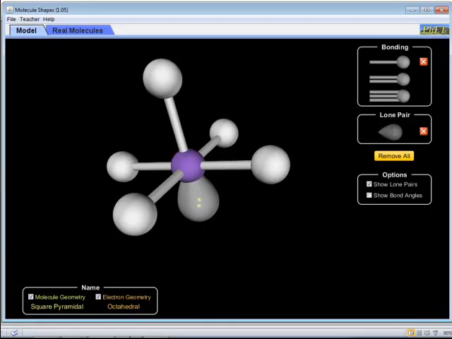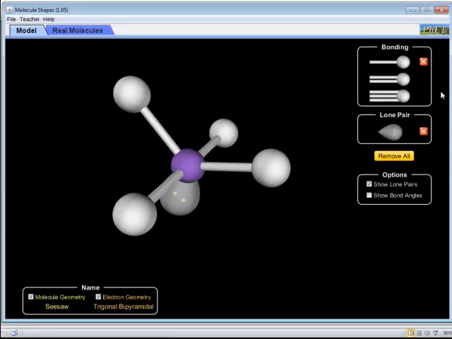So the electron group geometry is octahedral, but the molecular geometry is called square pyramid. It's a pyramid with a square base. The bond angle here is slightly less than 90, but with very little difference.